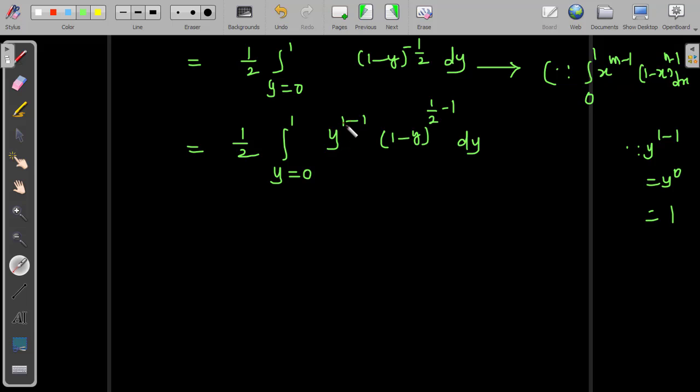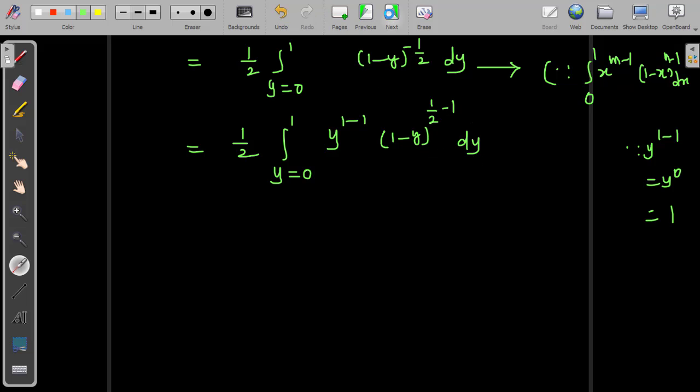Why do we need to express it this way? Because I need m minus 1. I can suppose this is my m minus 1, so m is 1, and n minus 1 is the power, so n is half. Now it is exactly in this definite integral format. This integral, y from 0 to 1, is only a variable change, which does not affect anything. So y from 0 to 1, y power 1 minus 1 times 1 minus y power half minus 1 dy.